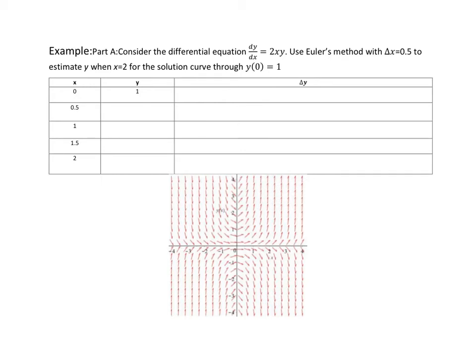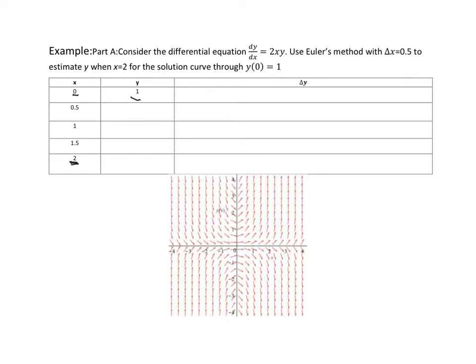Use Euler's method with delta x, or our change in x, being 0.5 to estimate y when x equals 2, for the solution curve through y(0) = 1. So that's essentially just giving us a starting value that x is 0 and y is 1. And we want to find y when x equals 2. So we want to work this all the way through to get x equals 2.